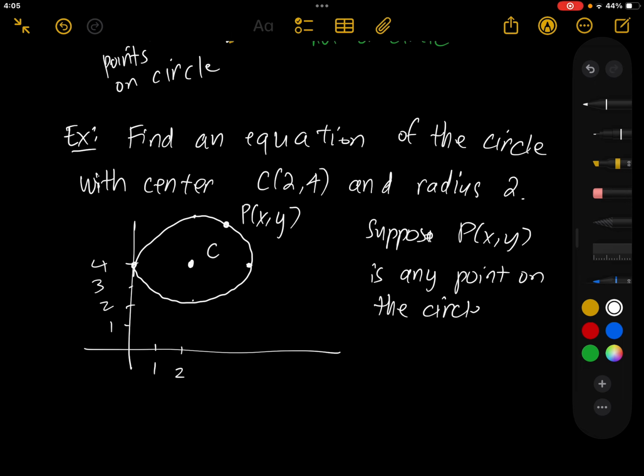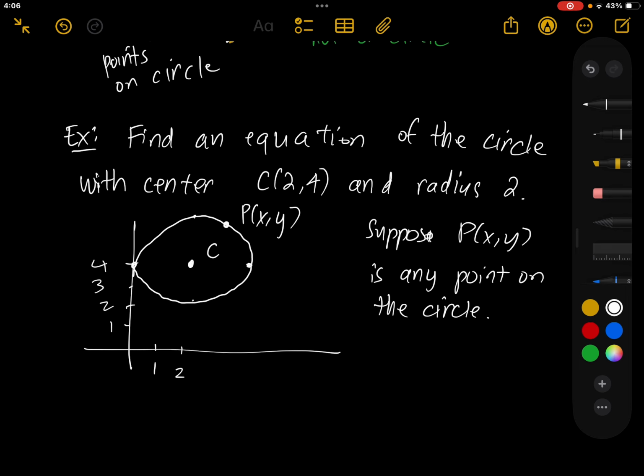We're looking for an equation that x and y have to satisfy, so that first of all, it has to be satisfied if the point (x, y) is on the circle, and also if your x and y satisfy that equation, then the point (x, y) is on the circle. So (x, y) is on the circle exactly when the equation is satisfied. That's what it means to find an equation of the circle.